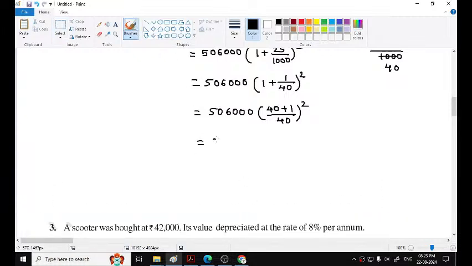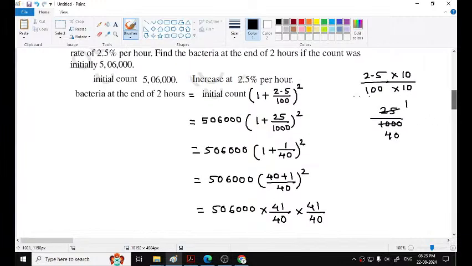That is equal to 41 upon 40 into 41 upon 40. So complete this calculation to get number of bacteria at the end of 2 hours.